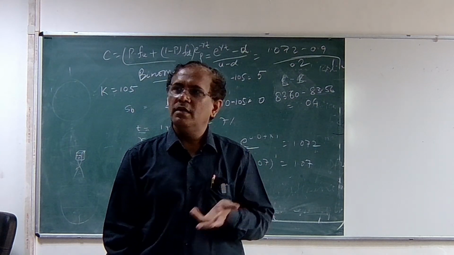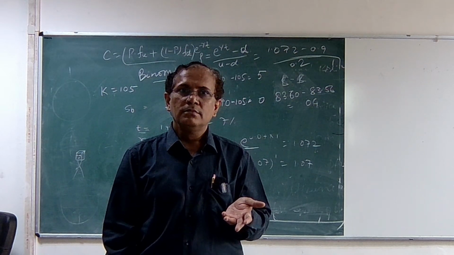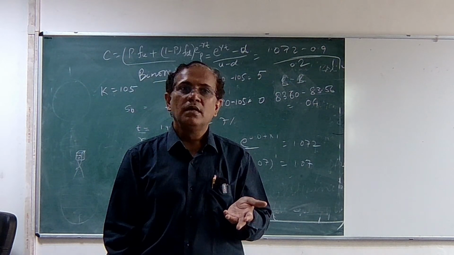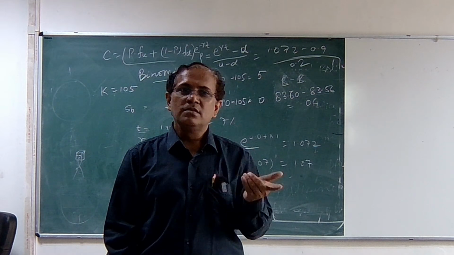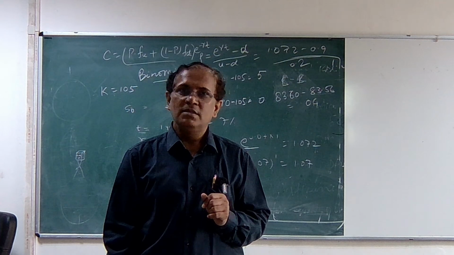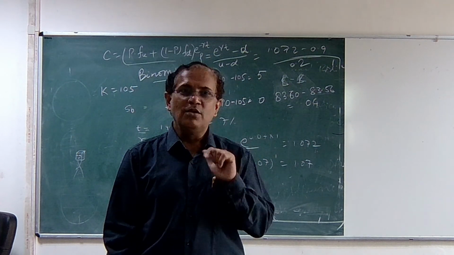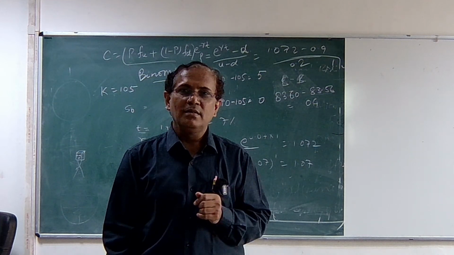Directly 0.86, okay, fine. So 0.86 multiplied by 5 is 4.3, plus 0.14 multiplied by 0, which is 0. So it is 4.3. Discount it, because it is multiplied by e to the power minus rt.